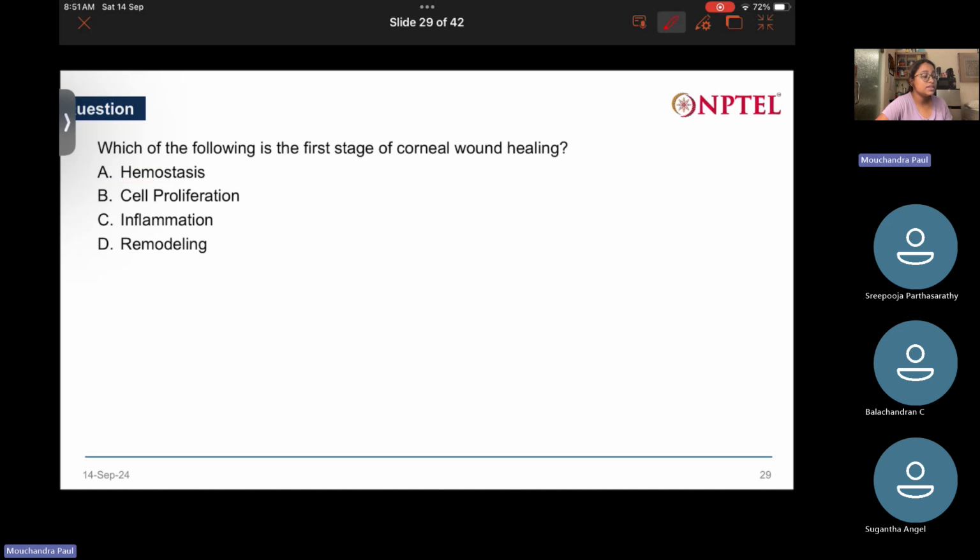What is the first stage of corneal wound healing? Corneal wound healing is just like the normal wound healing process we already know. So what will be the first step for that? A, hemostasis; B, cell proliferation; C, inflammation; D, remodeling.